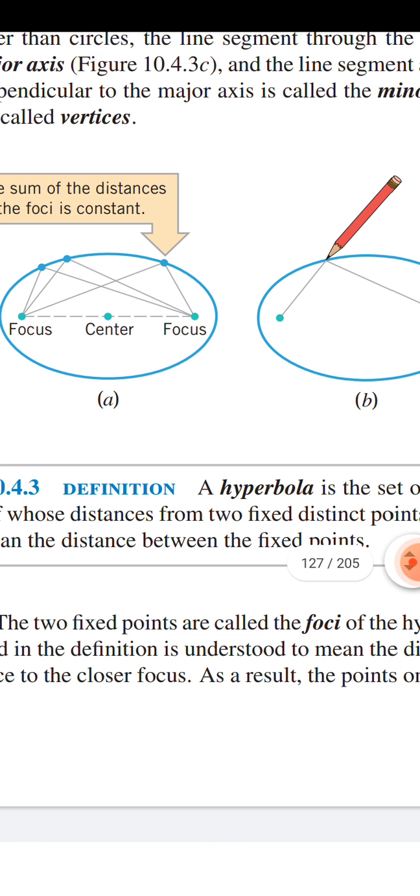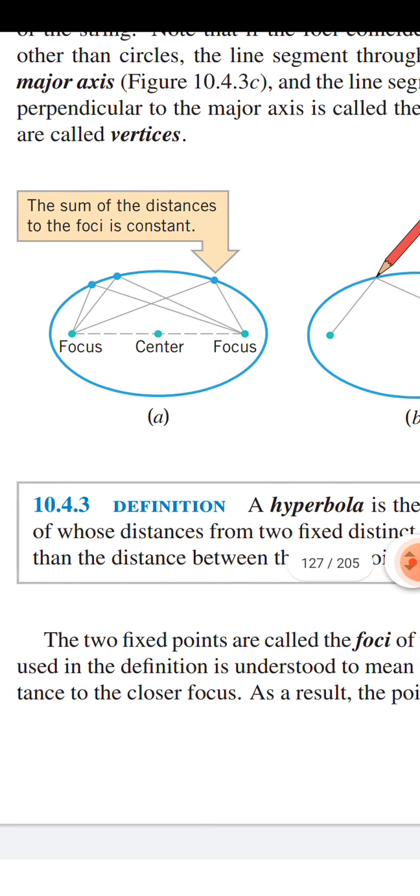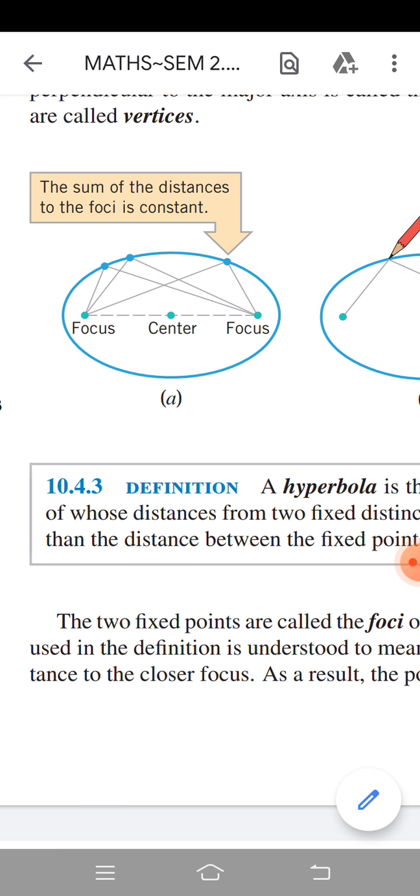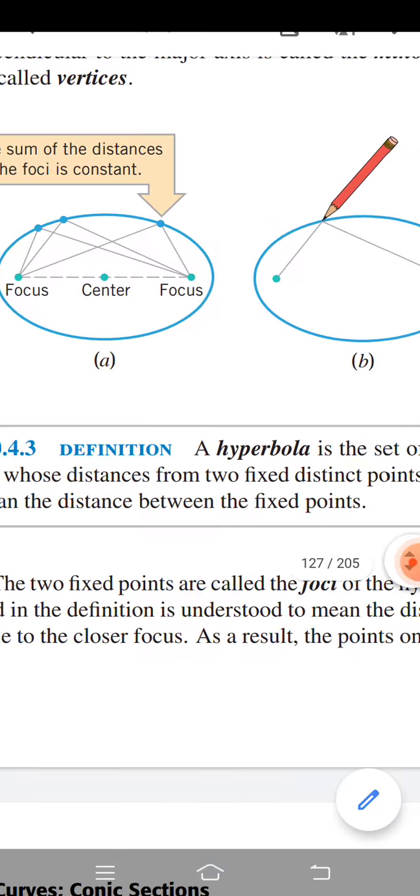One more point is that the endpoints of the major axis are called vertices. Sometimes a question will come in the exam to find the vertices of the major axis, so you can find it this way.